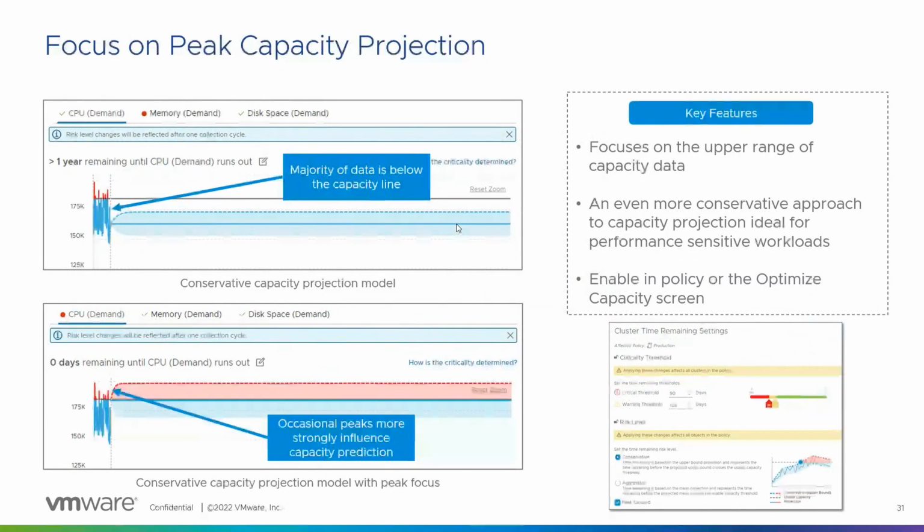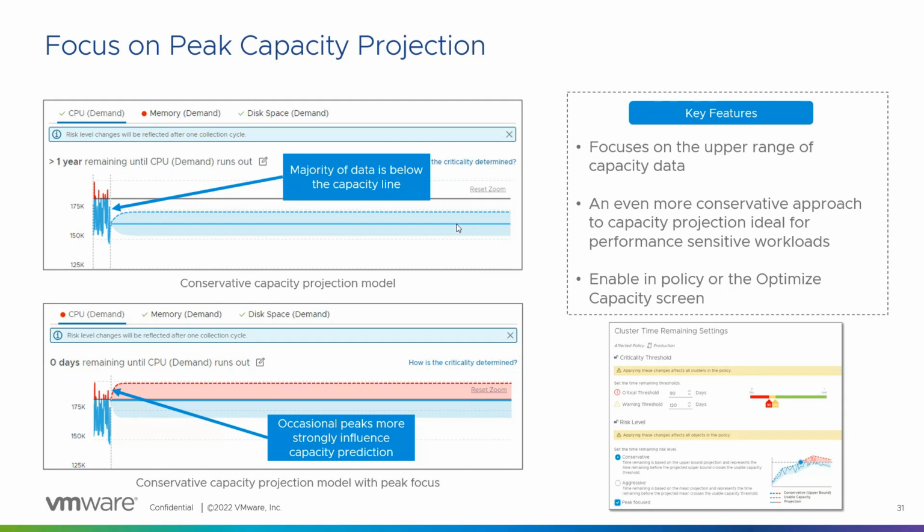Okay, so the next part here is how we deal with some of the peaks. We have an option called peak focused mode. If you have a workload that has a lot of short little peaks that don't last for very long, you may see that some of those get ignored. If you feel that some of those peaks are getting ignored and they're important, you can go in and enable peak focus mode, and that basically gives more weight to those peaks.